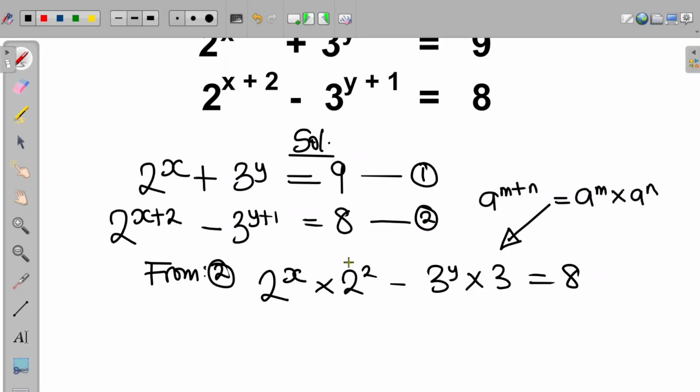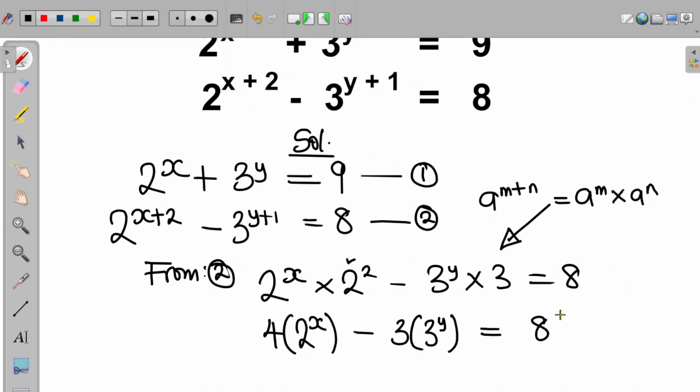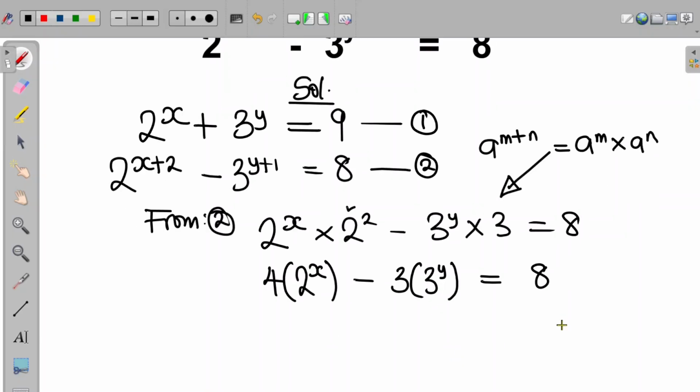Now at this point, we have 2 to the power of 2, so this becomes 4 multiplied by 2 to the power of x, minus 3 multiplied by 3 to the power of y, equal to 8. So equation 2 has been simplified.